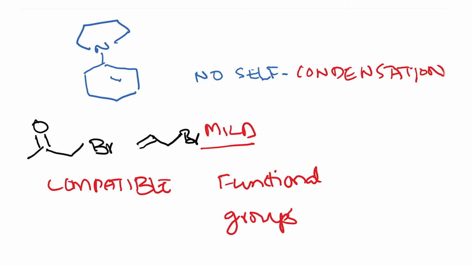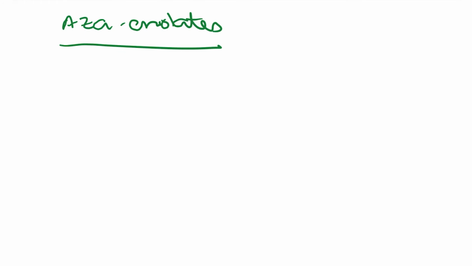Okay. So now the next method, which we have already looked at, is to generate Aza-enolates. Okay. The Aza-enolates are again a very useful method, and the way we do this is starting with an aldehyde.